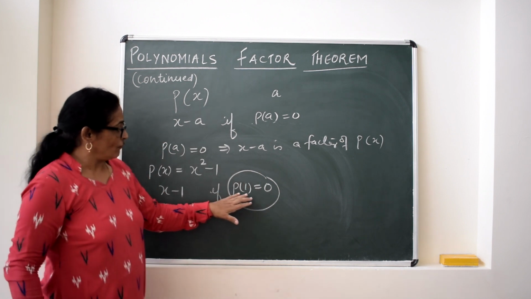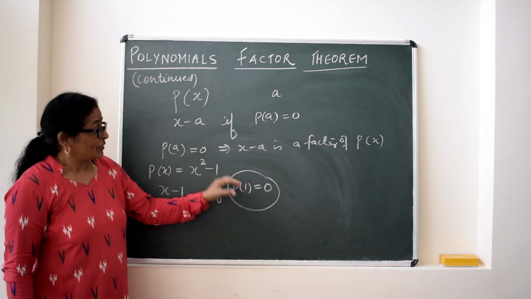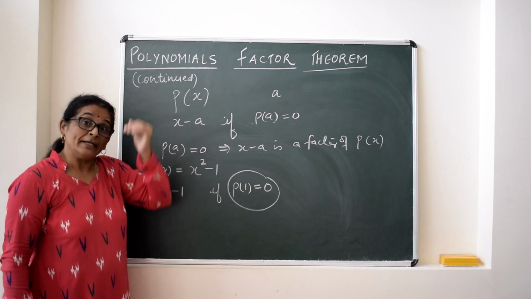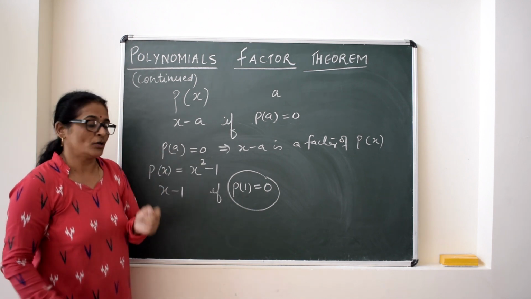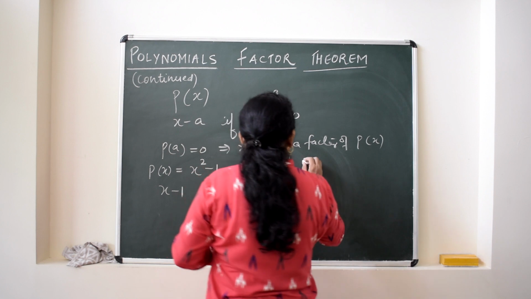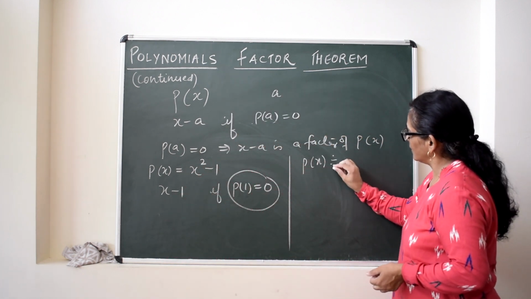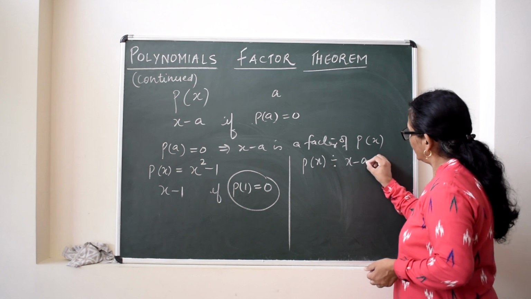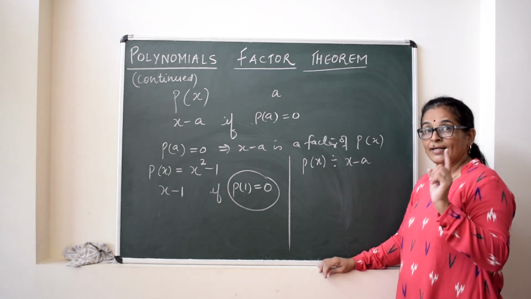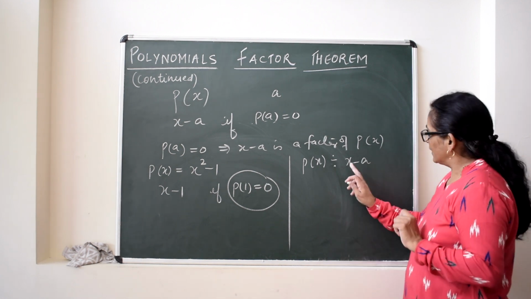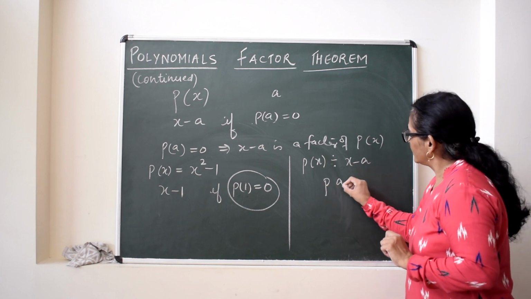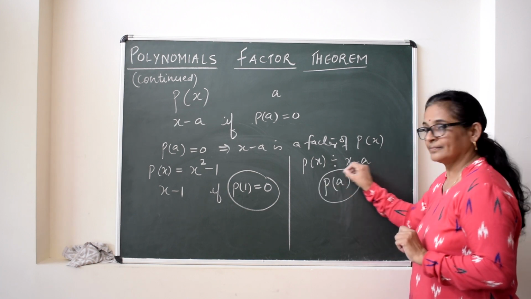Now this p of a actually comes from the remainder theorem, because when any polynomial p of x is divided by x minus a, where a is a real number, then the remainder is p of a.